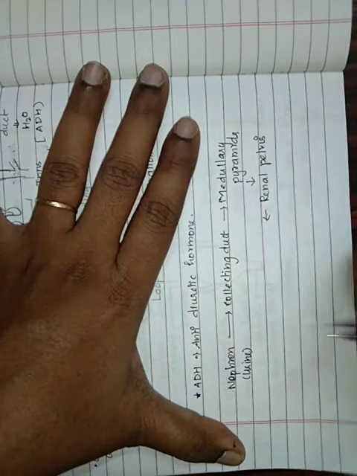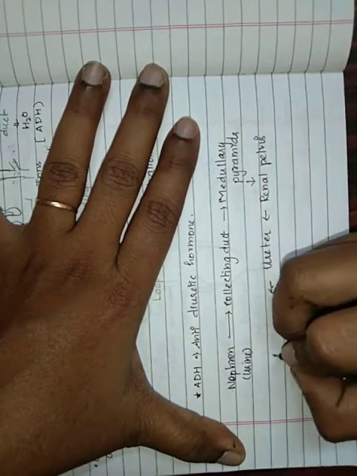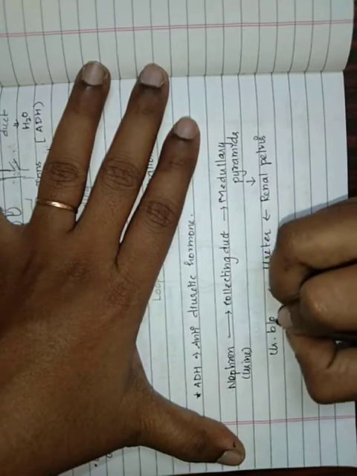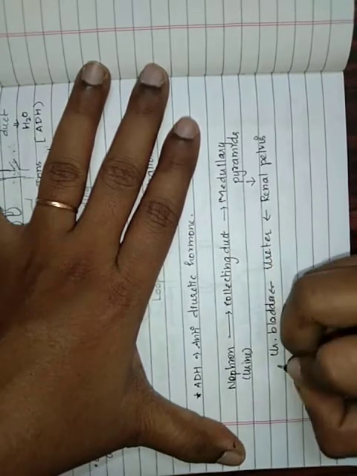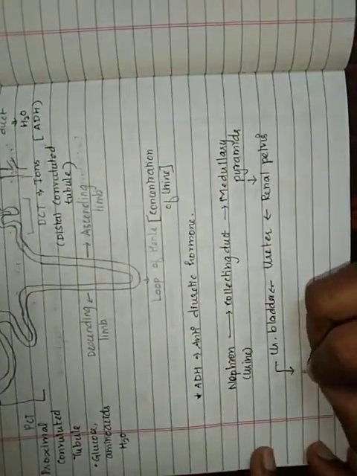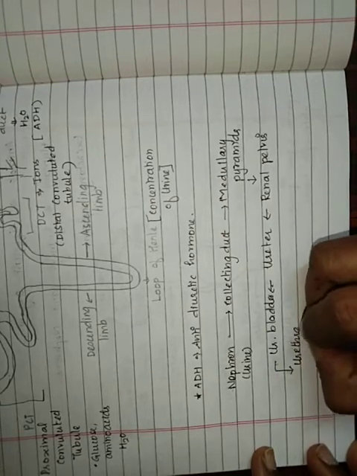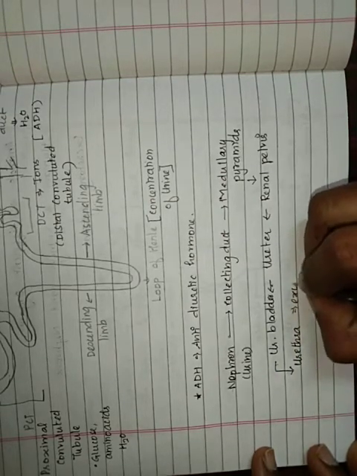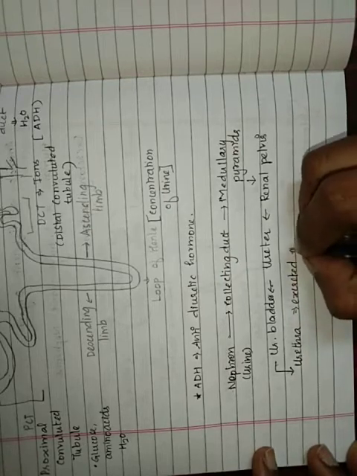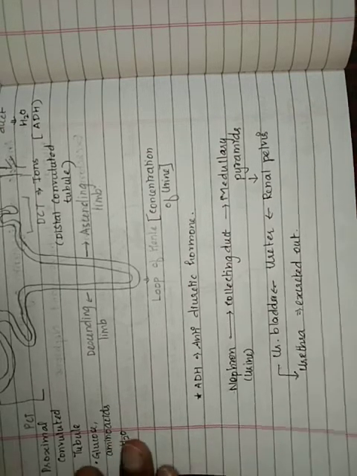This renal pelvis is going to open into the ureter, and from the ureter it travels to the urinary bladder, which is going to store urine for a short period of time, and then from the urinary bladder through the urethra it is going to be excreted out. So this is the excretion process that is happening in the kidney by formation of urine.